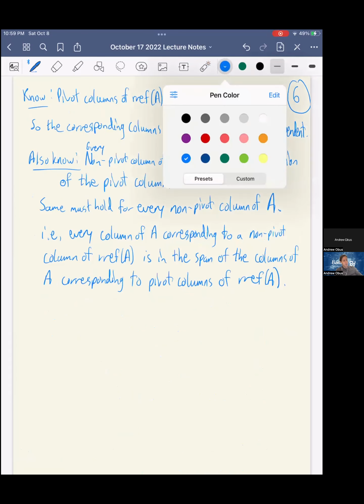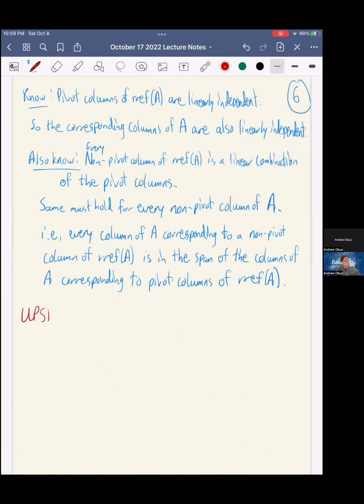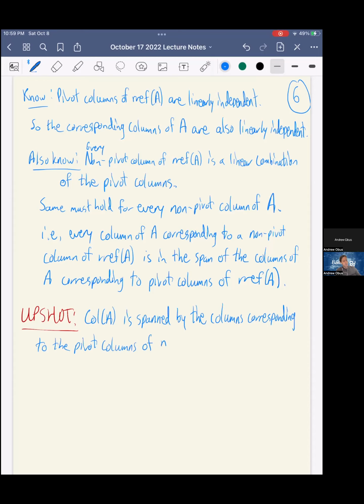So what's the upshot? I'll write this in red because this is the big conclusion. So the upshot is that the column space of A is spanned by the columns corresponding to the pivot columns of row-reduced echelon form of A. I'm saying corresponding to be careful, but I could really just say the pivot columns. The column space of A is spanned by the columns.